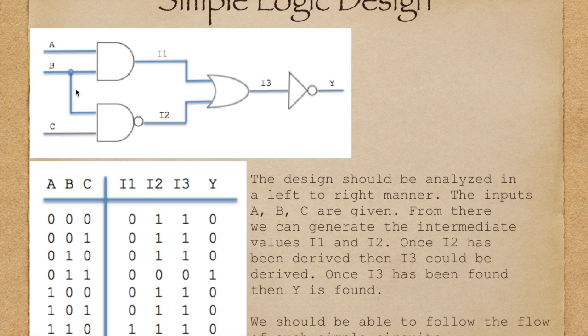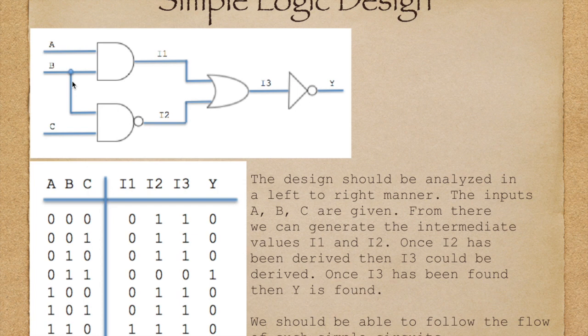So now we could come through and we could generate I1 independent of everything other than A and B. So we know I1 will be a 1 when A is a 1 and B is a 1. So we come down our truth table, and it's only once A is a 1 and B is a 1, I1 is a 1.